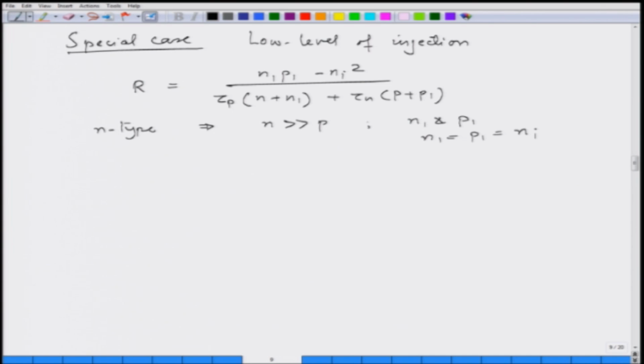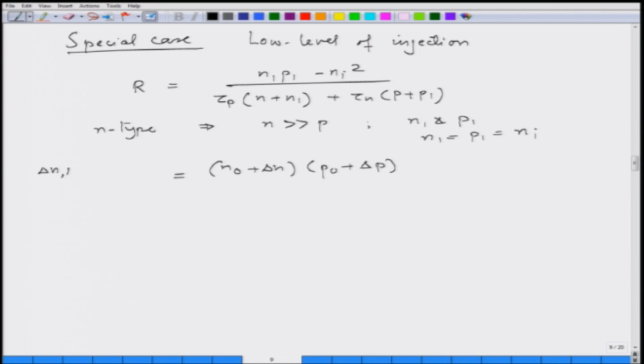Then I can expand this for an n-type semiconductor. The np is going to be equal to (n naught plus delta n) times (p naught plus delta p), and I am creating a situation where the injection level is low.